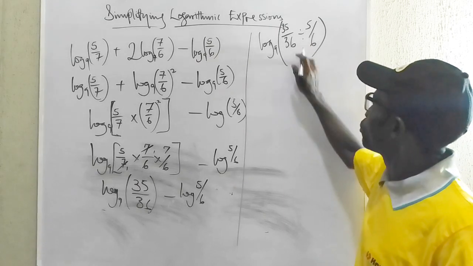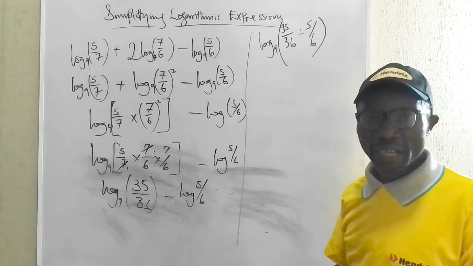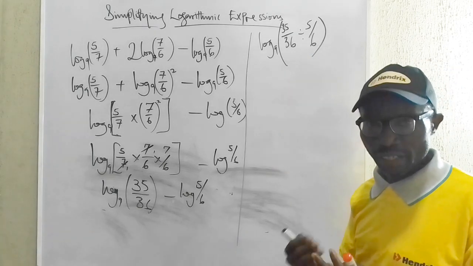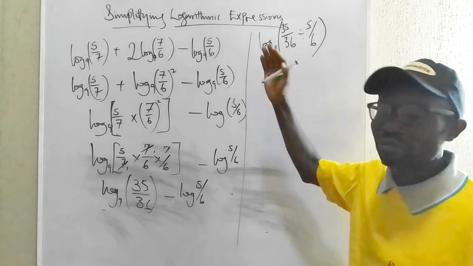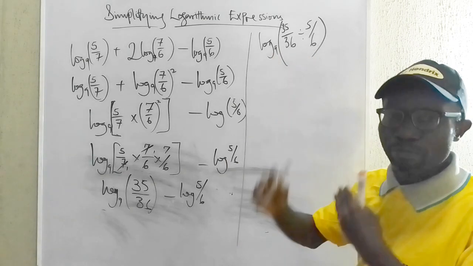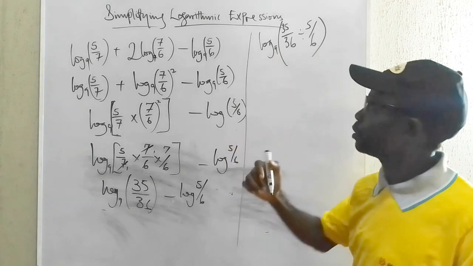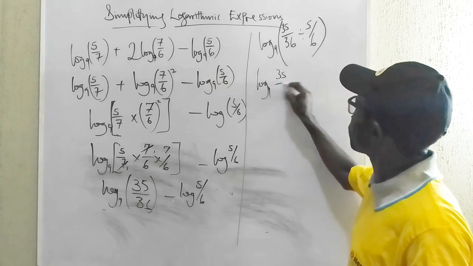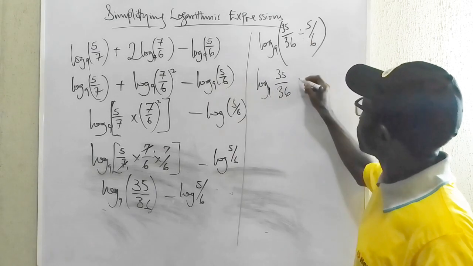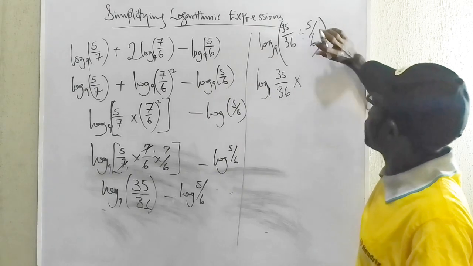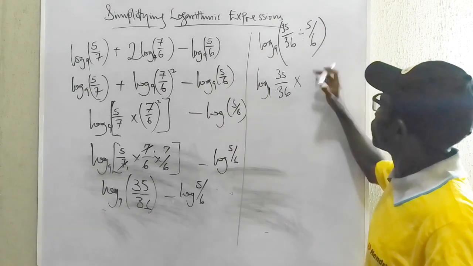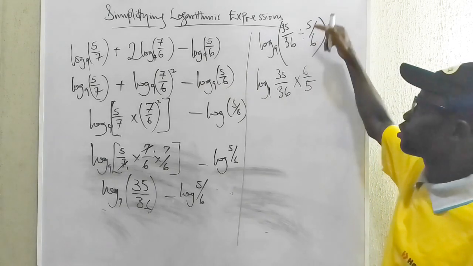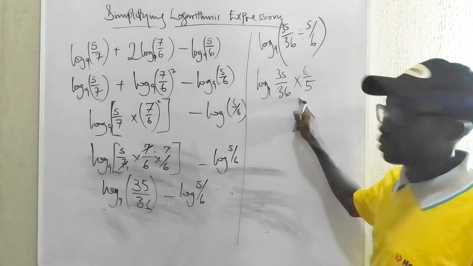Remember your rule in elementary maths. When the division sign changes to a multiplication sign, something will happen to the one at the far right. It's going to flip. So what you have is log in base 9 of 35 over 36, changing to times, and this one will flip, it will become 6 over 5. So no longer 5 over 6, but 6 over 5, because the sign has changed.